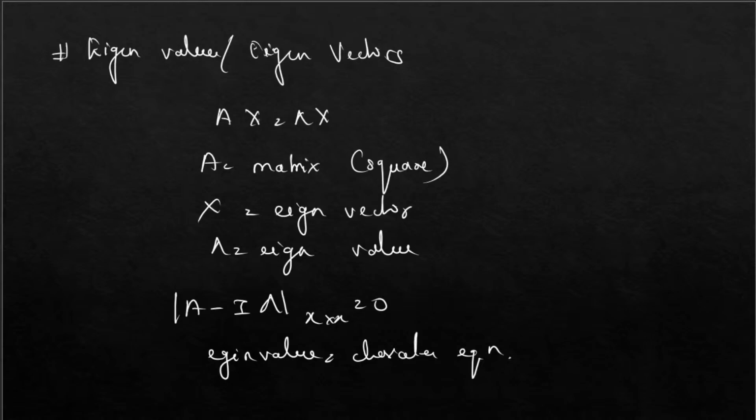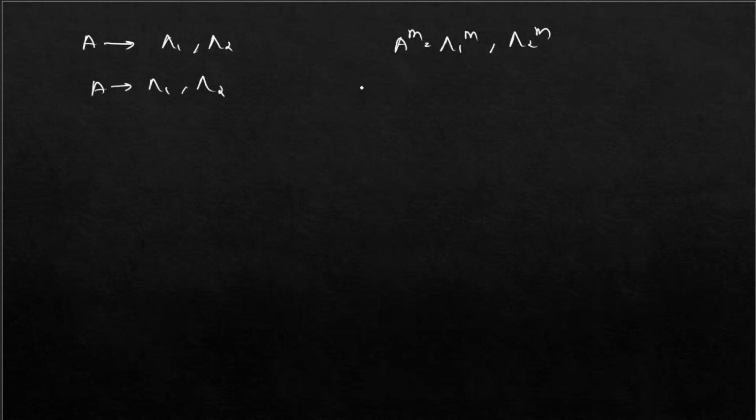Okay, so if A has eigenvalues lambda 1, lambda 2, then A to the power m will have eigenvalues lambda 1 to the power m, lambda 2 to the power m. If A has eigenvalues lambda 1 and lambda 2, and it is multiplied with k, it will be k lambda 1, k lambda 2.